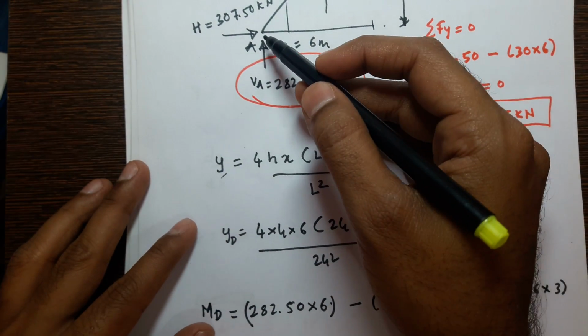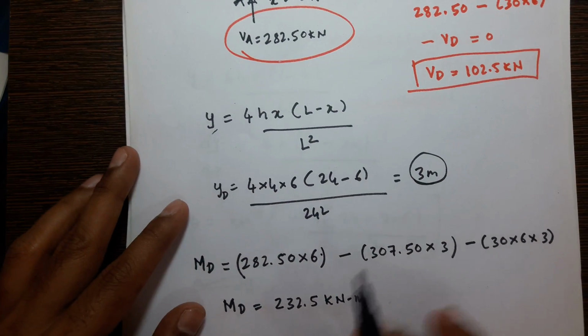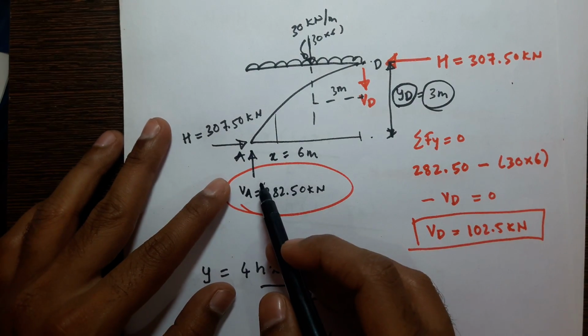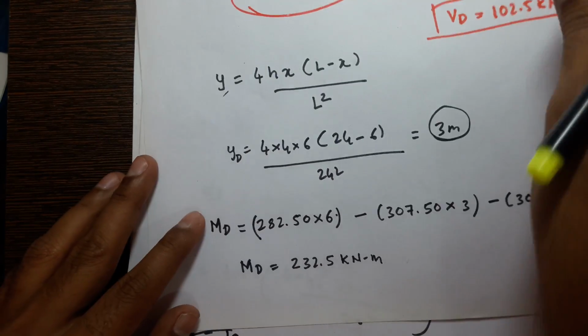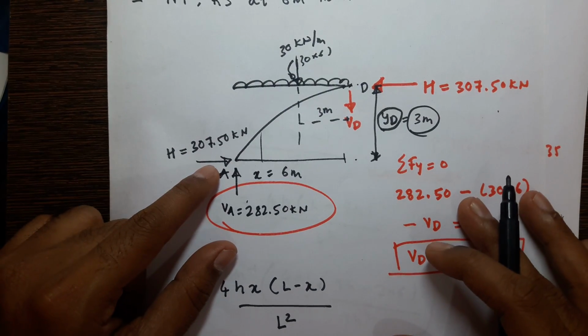We are following a direction from A to D, meaning left to right; clockwise will be positive, anti-clockwise will be negative. So VA into 6 meter creates a clockwise moment. The value of VA we know, into 6 meter. Then you have the horizontal reaction.